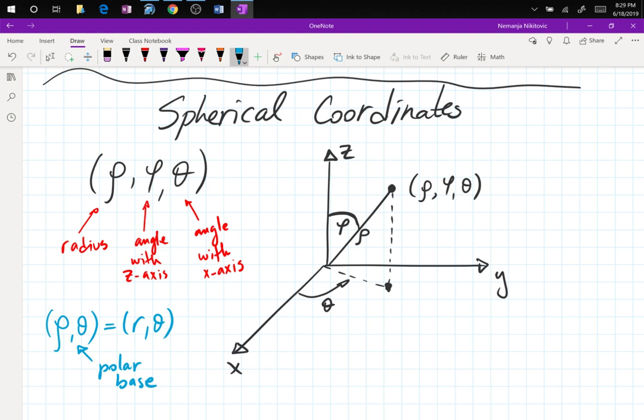And these coordinates are tough to work with because there is no direct and easy conversion from rectangular to spherical.